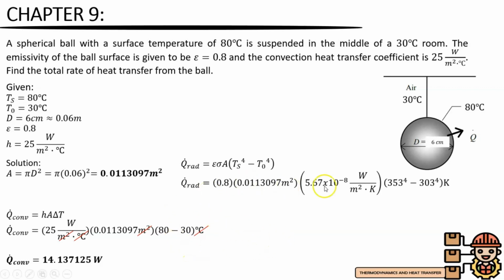By plugging in the given values, we have 0.8 times 0.0113097 square meter times 5.67 times 10 raised to the power of negative 8 watts per square meter Kelvin, multiplied by 353 raised to the power of 4 minus 303 raised to the power of 4 Kelvin. This is equal to 3.64159 watts.